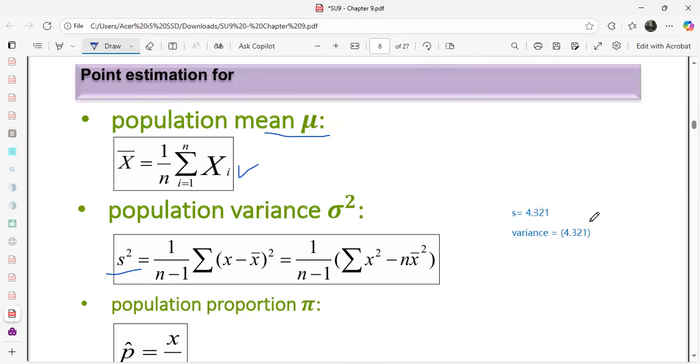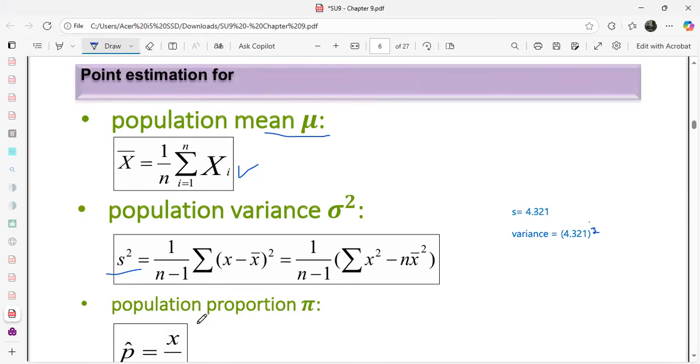The minute you put to the power 2, then you're calculating the variance. You see, you put to the power 2 here, like this. This is when you'll be calculating the variance. So there's no need for you to use the long formula because it's multiple choice. You can just do it like this. That's how you get the point estimator for the population variance.